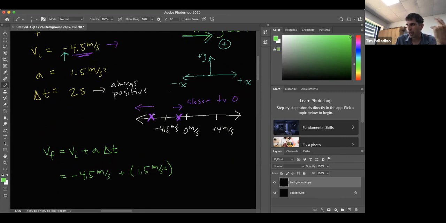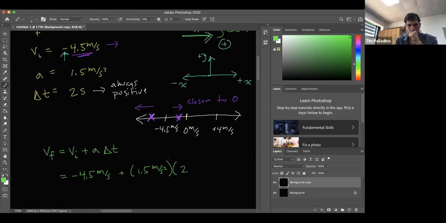The English language is terrible, because we have a word acceleration that means speeding up, and another word, deceleration, which always means slowing down. In physics I oftentimes only use acceleration, and I mean it for both cases, speeding up and slowing down, and we have to look at the sign ourselves.